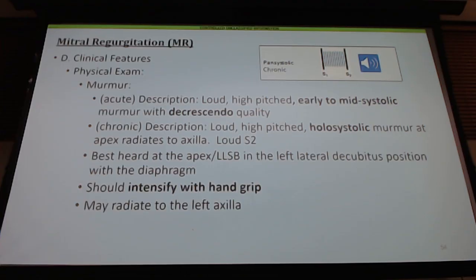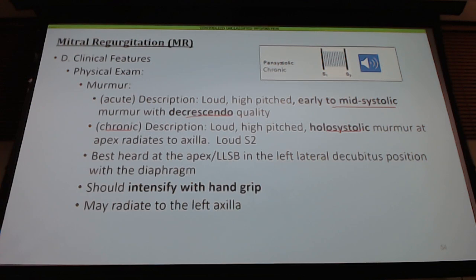On exam, what can you see or what can you appreciate? So in auscultation, the murmur you're going to hear is this early to mid-systolic decrescendo in pattern, or if it's in chronic, you're going to have this holosystolic murmur. And the reason in the chronic setting is, remember, S1 is supposed to be the mitral valve closing.